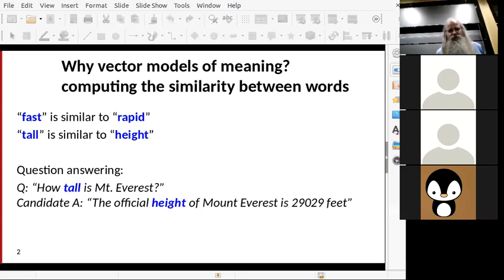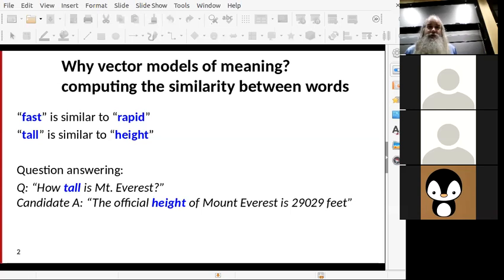And that's actually not right. So in other words, if you think about the word like fast and rapid, they're related to each other. And we would like them in some sense to be more related to each other than just saying if they're equal, fast to fast, and if it's not fast, then it's not equal. Well, rapid should be sort of equal, okay? Same way, tall and height.